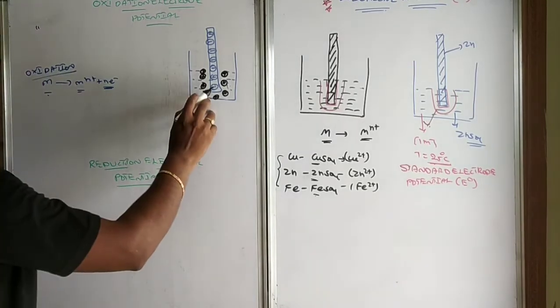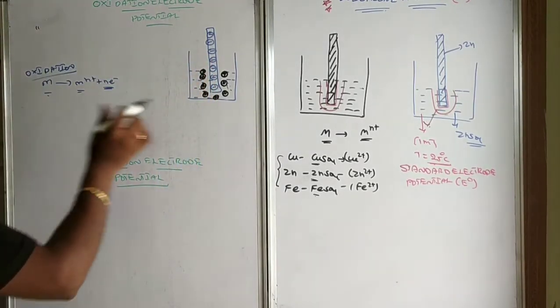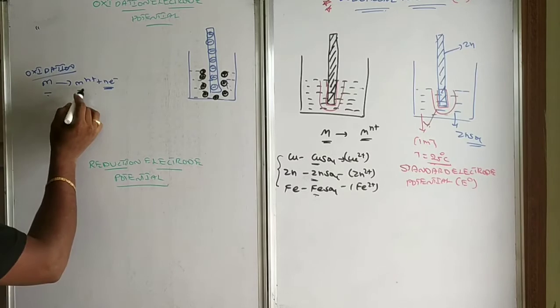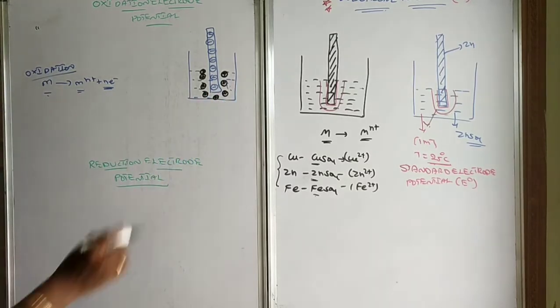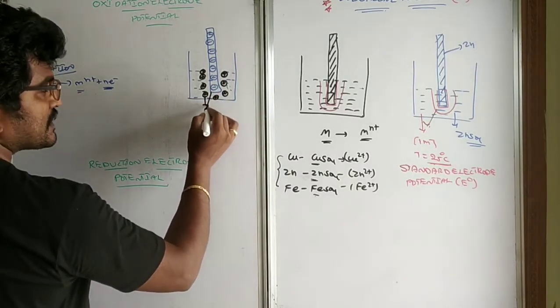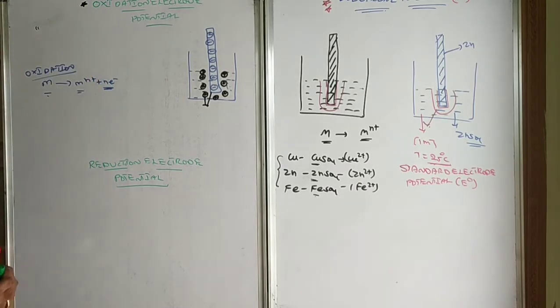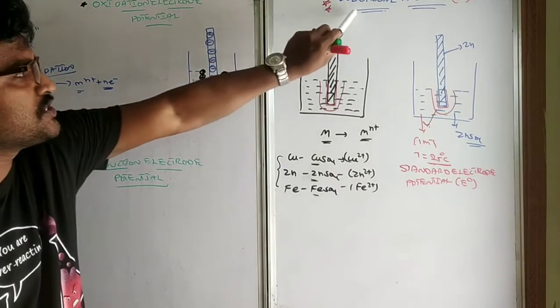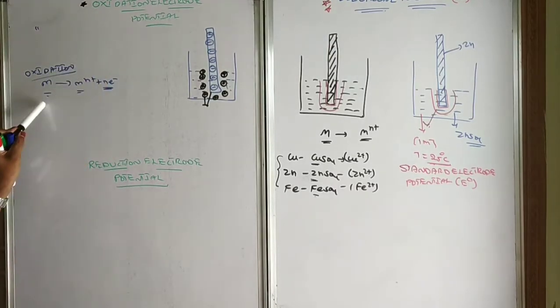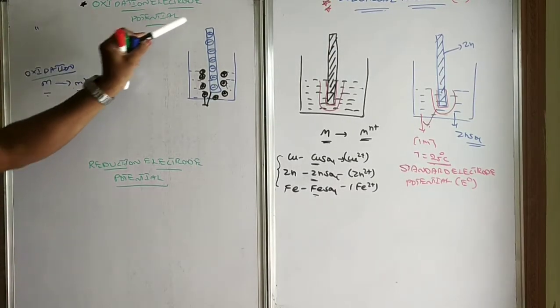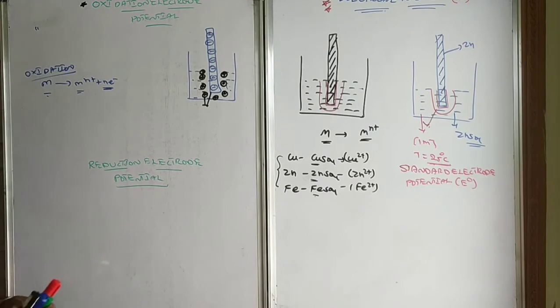The liberated electrons will occupy the electrode and the released cations will surround the electrode, and the potential difference is known as the oxidation electrode potential. So the electrode potential because of the oxidation reaction is called the oxidation electrode potential.